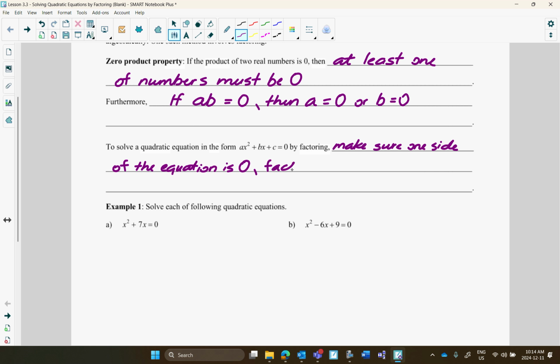After the other side of the equation, use the zero product property.